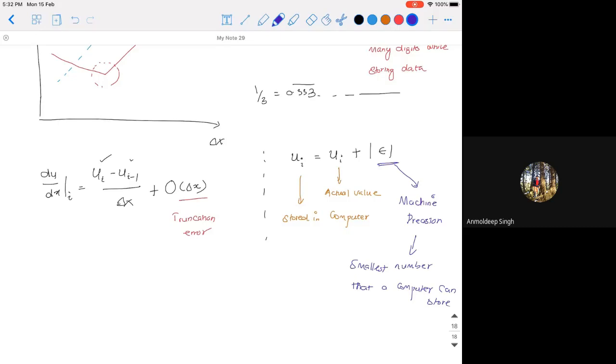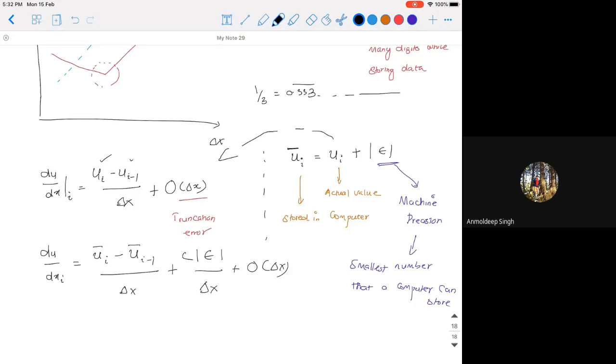So if you substitute it back here, what you are going to get is du by dx of i, where u bar is what is stored in the memory: u bar of i minus u bar of i minus 1 by delta x plus some constant times epsilon by delta x plus order of delta x. This is again truncation error, and this is round-off error.